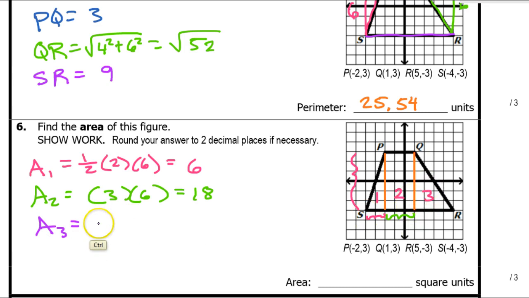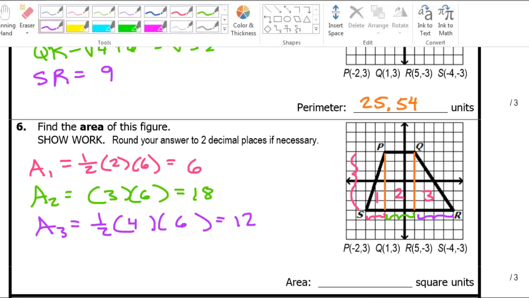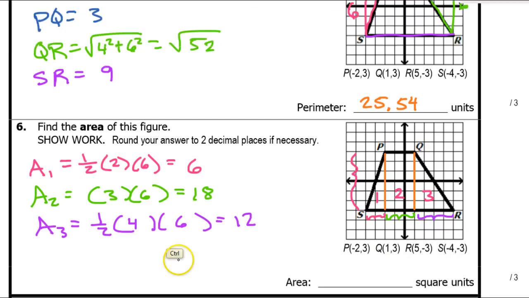Area 3 is a triangle, so again that's going to be 1/2 base times height. The base is right here. That is 4. The height is the orange line, which is 6. 6 times 4 is 24. Half of that is 12. So now I'm just going to add up these 3 numbers, and that should be the area of the overall shape. So that's going to be 36.